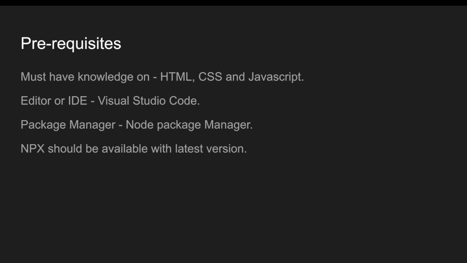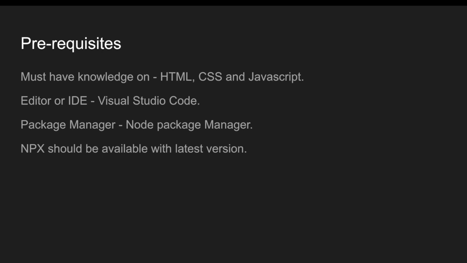There is an editor which we require where we can write our React code, and the editor we are using is Visual Studio Code. There are many other IDEs you can use, but I am more comfortable with Visual Studio Code. And we need a node package manager. How to download and use the node package manager, I'll show you in the upcoming video, but you need to have it in your system.